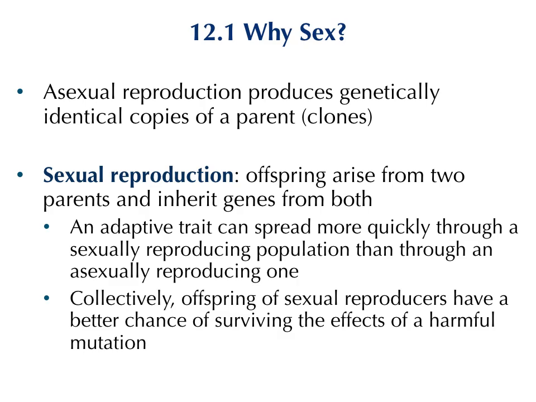This is, of course, because all asexually reproducing clones would inherit a harmful mutation, whereas in a sexually reproducing group, only a certain number of sexual reproducers would inherit the harmful mutation. Thus, as a group, the sexual reproducers have a better chance of surviving harmful mutations or environmental changes than clones.